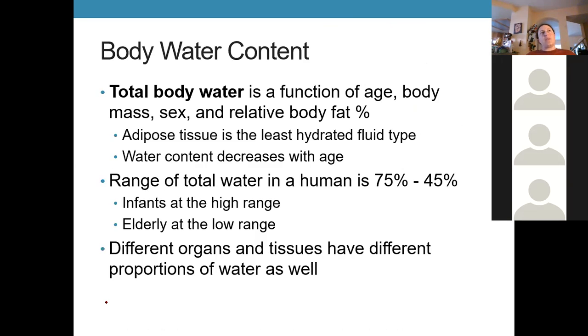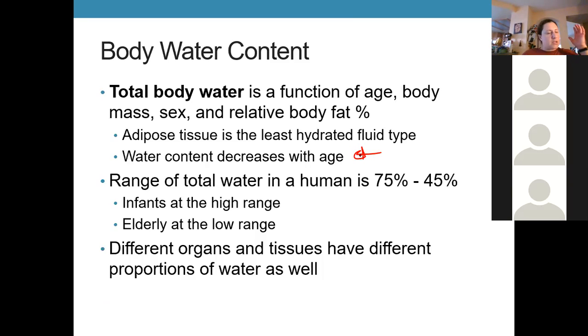And the percentage of a human body that is composed of water is relative to their age, their body mass, their sex, and their relevant body fat percentage, okay? The reason why is mostly to do with the fact that adipose tissue has very little water in it, a ridiculously low amount, because it's pretty much just a bunch of triglycerides. Also, in general, our water content does decrease with age. So the older you are, the lower your total body water percentage is.